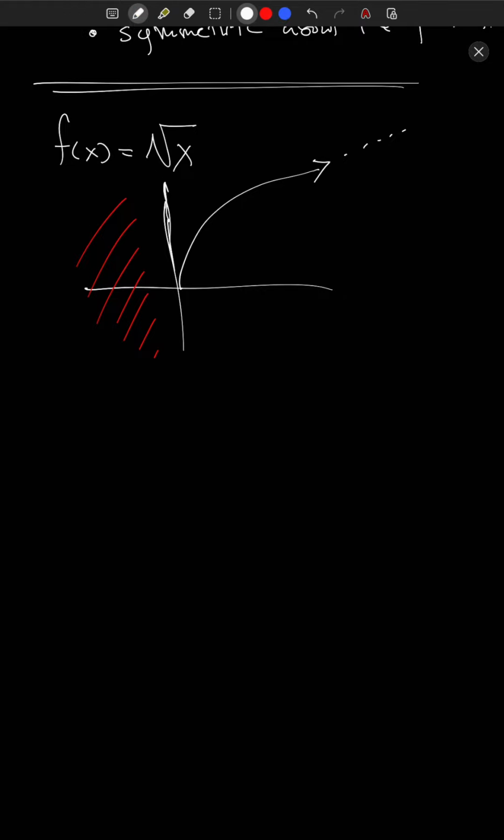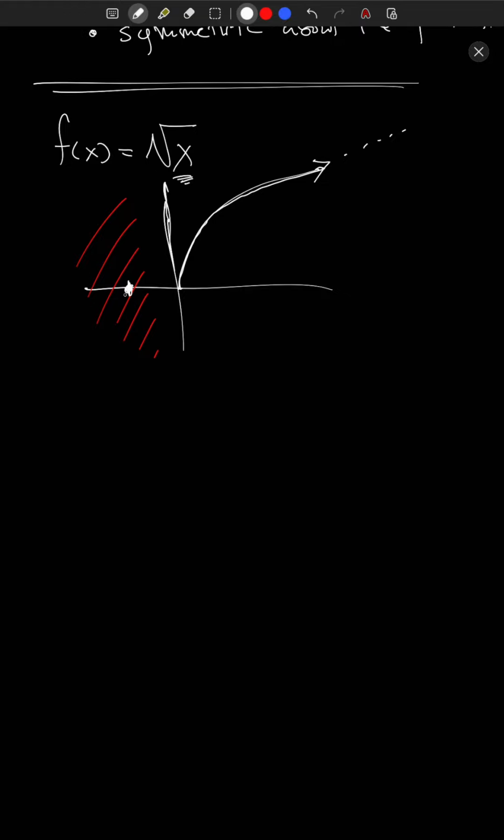I didn't draw any of the graph to the left of the y-axis, and that's because if you try to plug in any number here, that would be a negative number, and so you would be taking the square root of a negative number, and that's definitely not allowed. At least for our class at this moment; in the future we will be, in a way, allowed to, but not right now. And so there is no output.